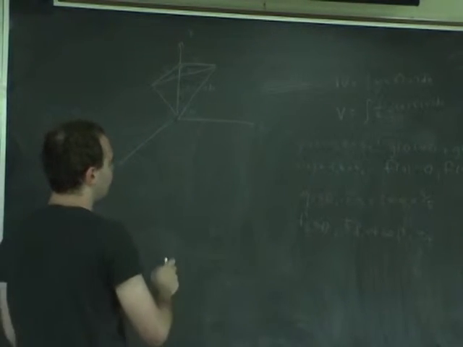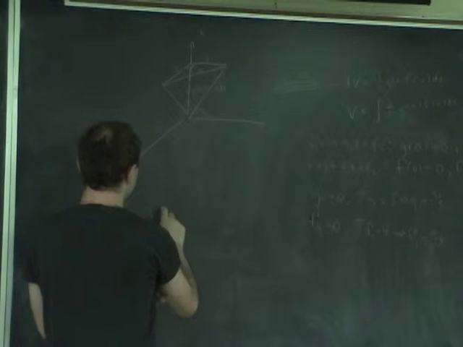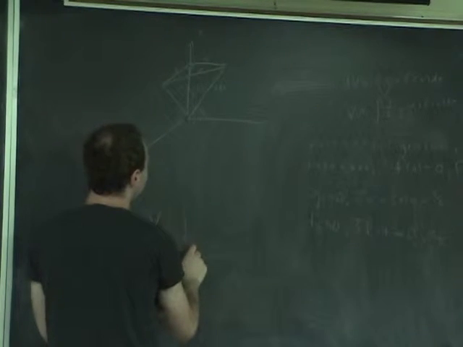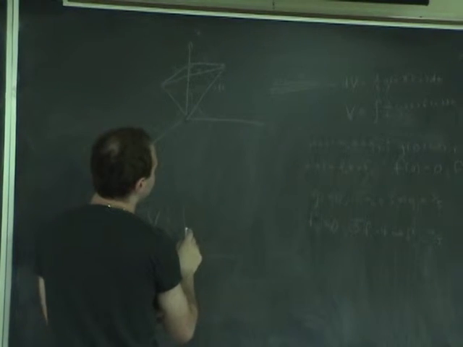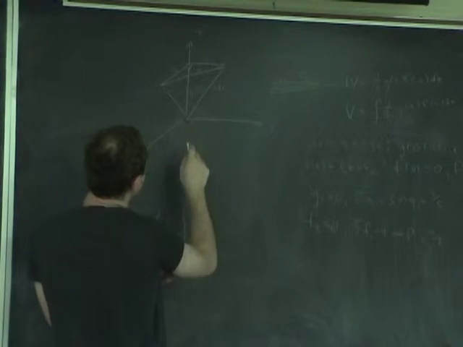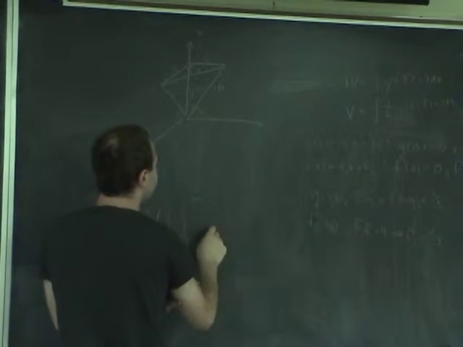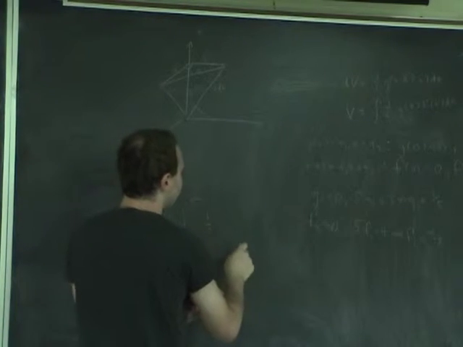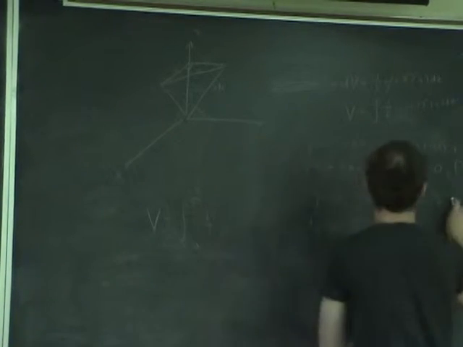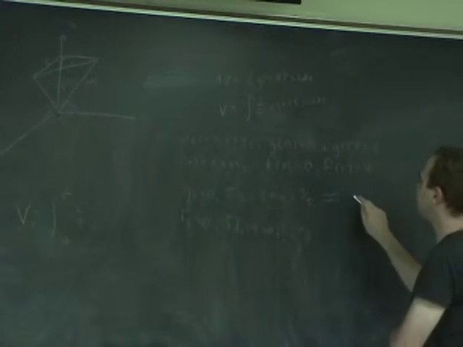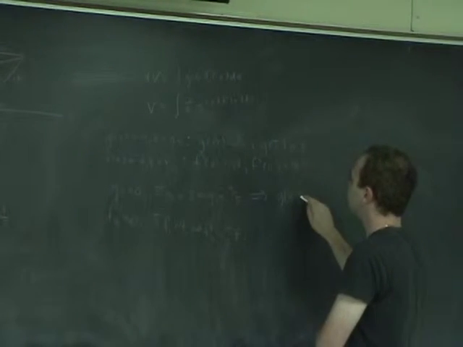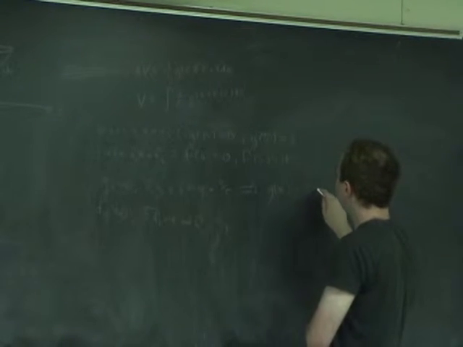So now, doing my integral, I have V is equal to the integral from, let's say, 0 to 5, 1/2. Well, let's write what g of z is. If g1 is equal to 3/5 and g2 is equal to 0, then g of z is equal to 3/5 z.